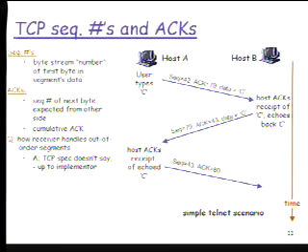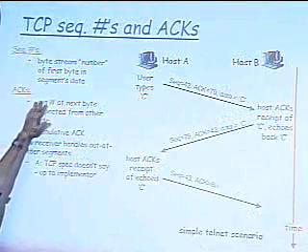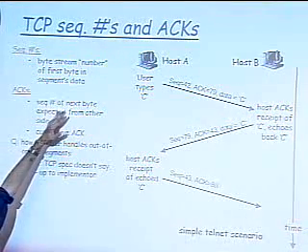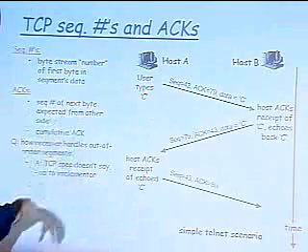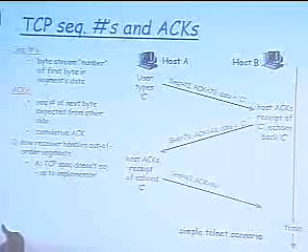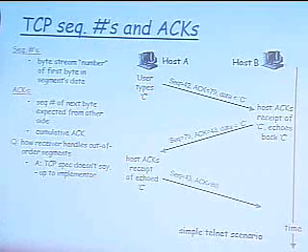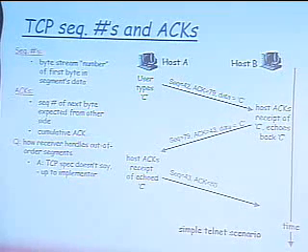So what's happening here? Well, first, the sequence number in a TCP segment is the number of the first byte in the segment's data. So your packet will contain a number of bytes which you are trying to deliver. The sequence number is going to be the byte stream number of the first byte in that packet.